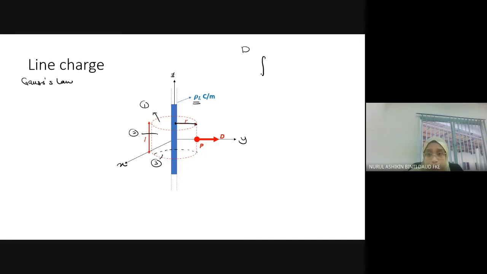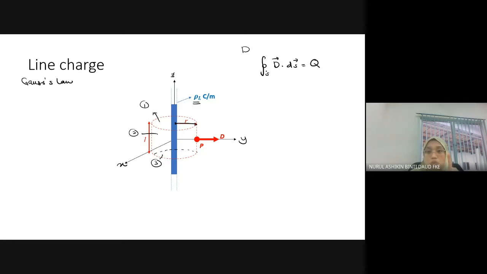Since the formula we are dealing with is Q equals the integral of D dot dS, D may exist on surface 1, 2, and 3.